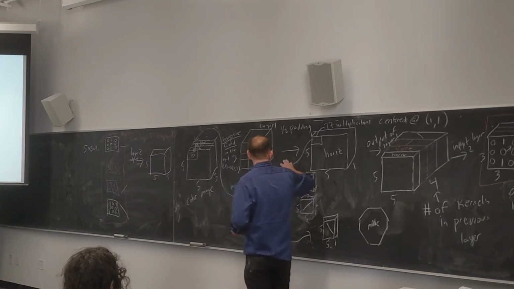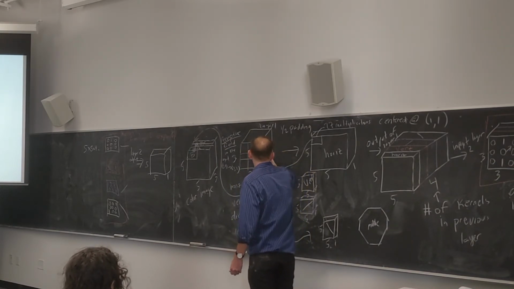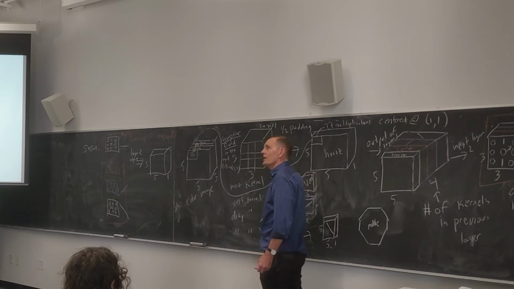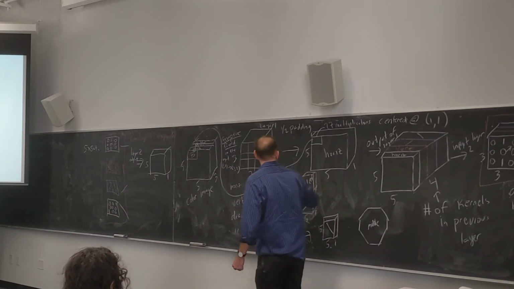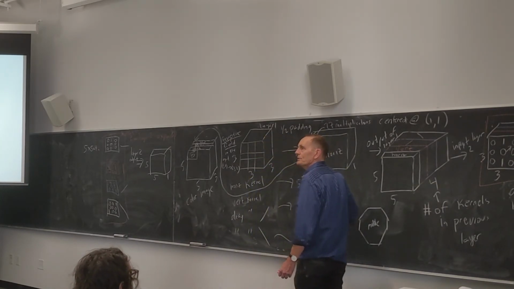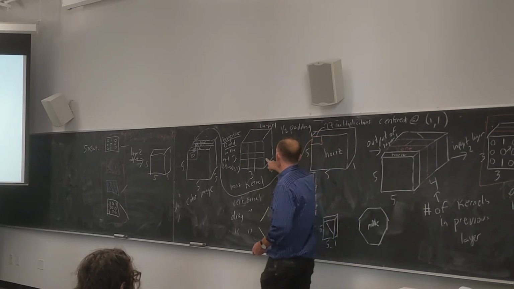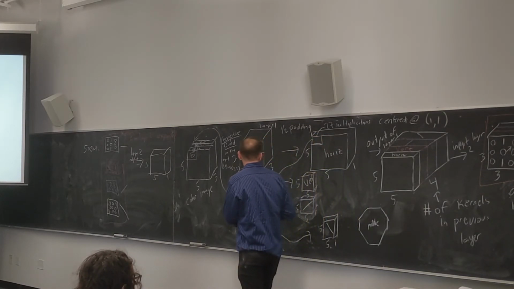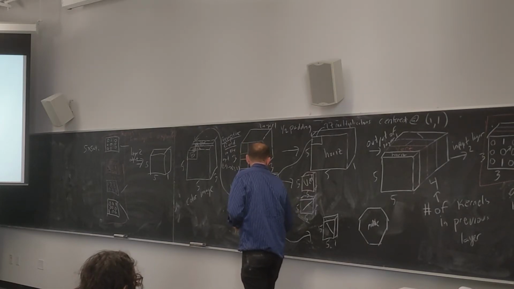There's 4 of them. There's one here, and there's another one, and there's another one, and there's another one. And so those will all generate these 4 outputs. But yeah, this is one, and then there's another 3 by 3 by 3. And another one. And another one. And the output, exactly, is 5 by 5 by 1.